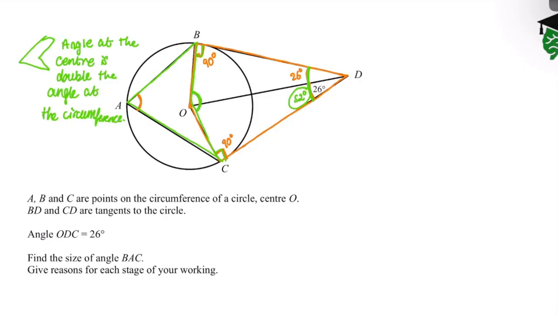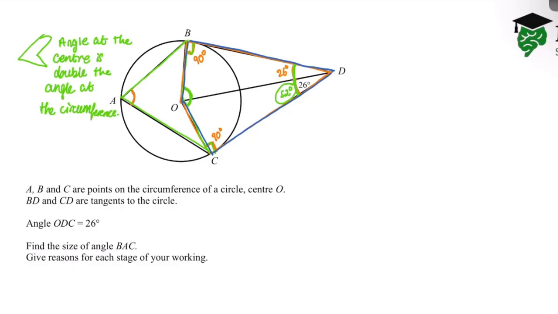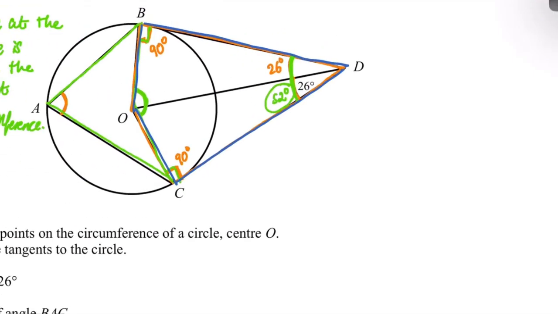We can work out the angle because we have a quadrilateral. Again, if I switch color, we have 1, 2, 3, 4. We have 4 sides. So let's quickly note down the rules that we've used over here.